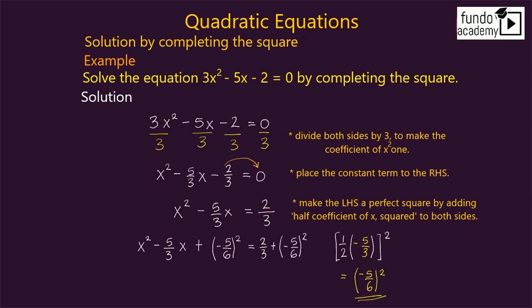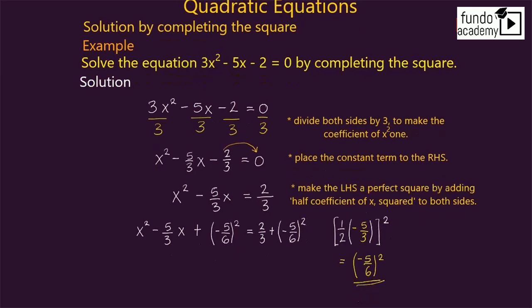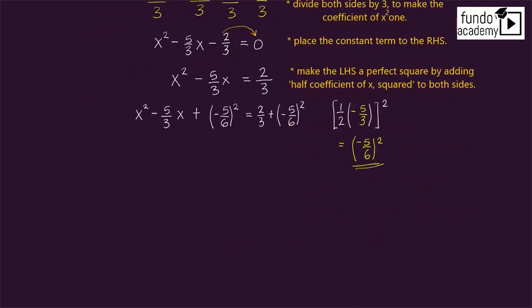Alright, so after having done that, we simplify. The left hand side will come out as x minus 5/6 squared.